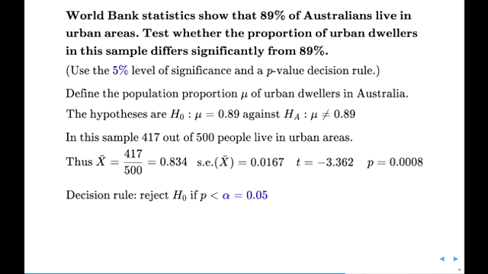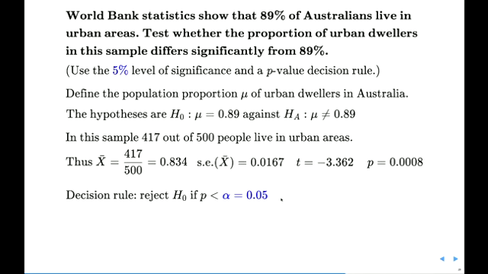So that's how a p-value approach would be implemented in an exam situation. The decision rule, therefore, is to reject the null hypothesis if that p-value is less than alpha, which in this case is, again, 5% or 0.05. So the decision rule for a p-value test is always nice and easy. Is p less than alpha? That's it. That's always your decision rule.